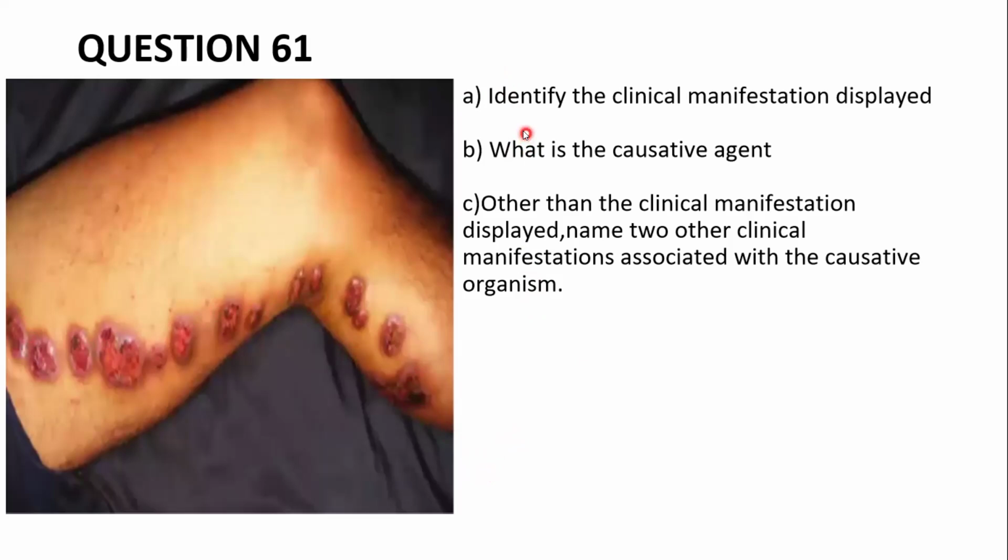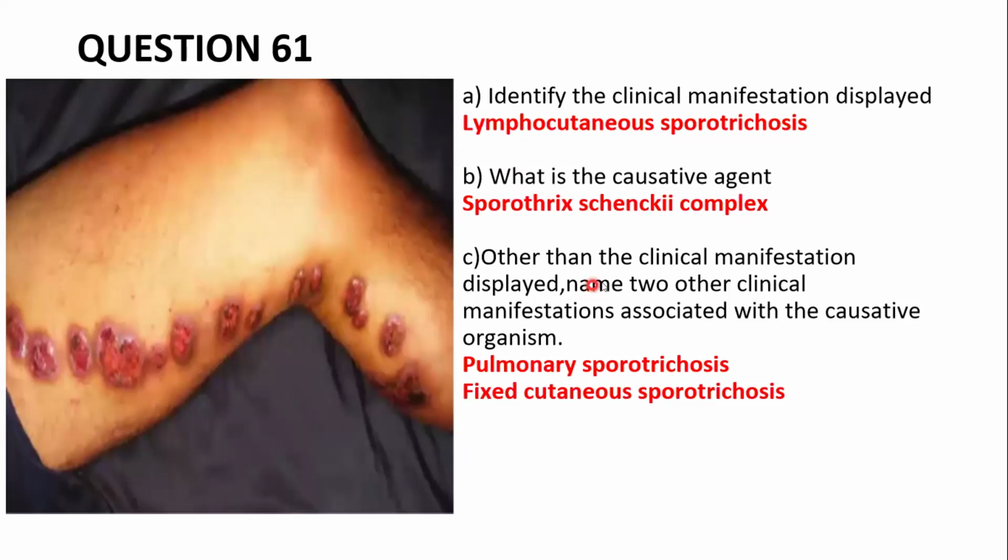So treatment. Then, as I said, it's usually found in vegetation. That's why it's called Rose Gardner's disease. Pulmonary, lymphocutaneous, very good. Pulmonary, fixed cutaneous sporotrichosis.